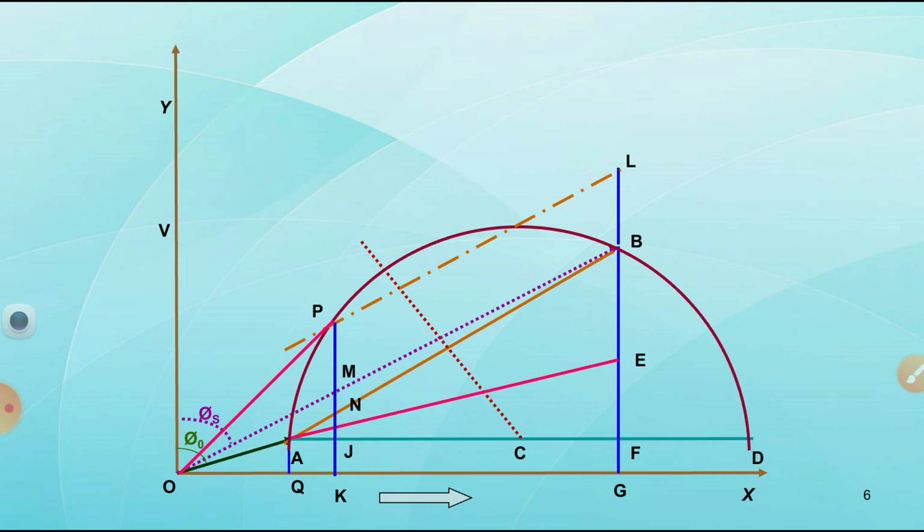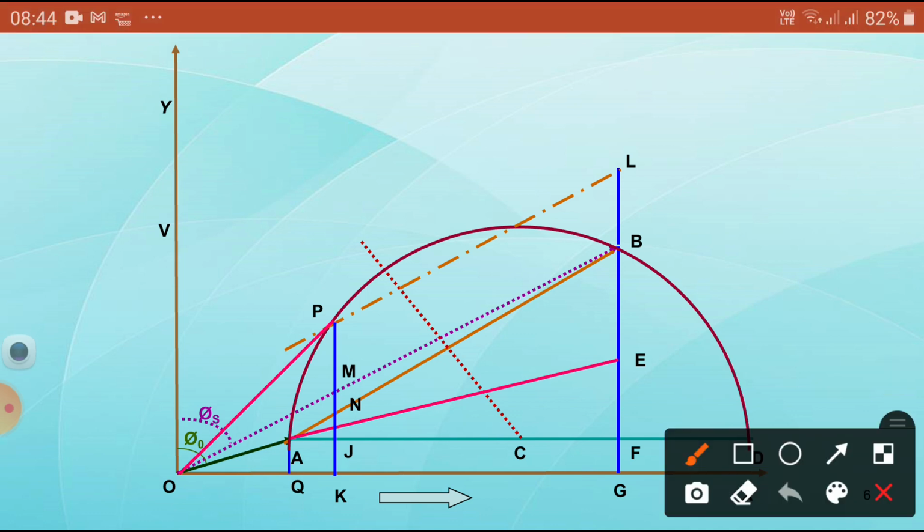So, dear students, we can easily calculate these values. Do not confuse here. PK indicates the motor input, and PM indicates the output.